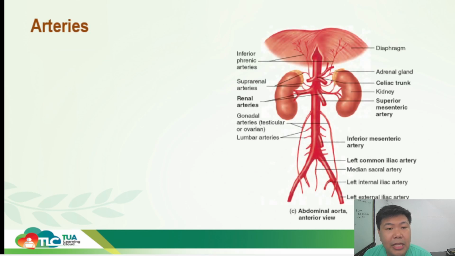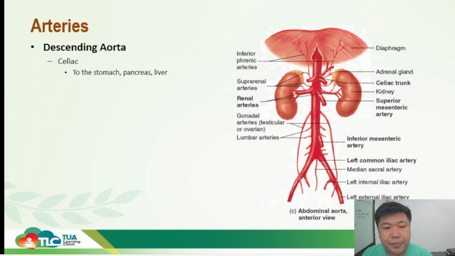The abdominal aorta, on the other hand, has many branches. The first branch of the abdominal aorta is the celiac artery, which provides blood. Here's the celiac trunk. The celiac artery provides blood to the stomach, the pancreas, and the liver.